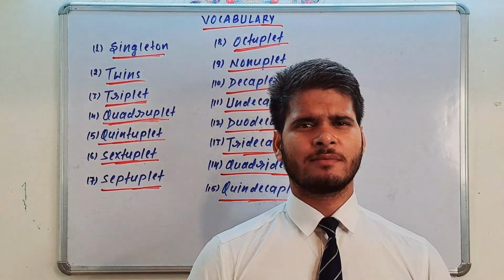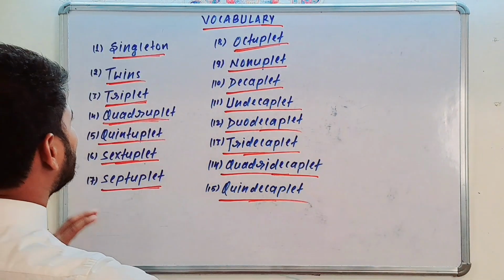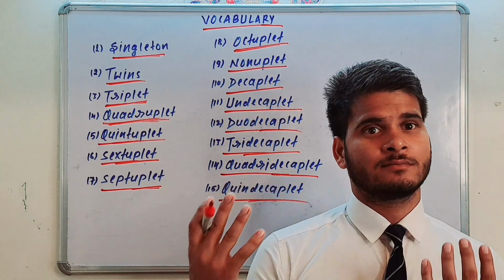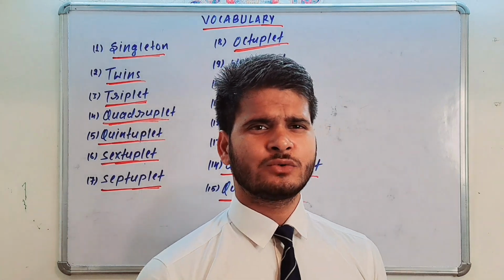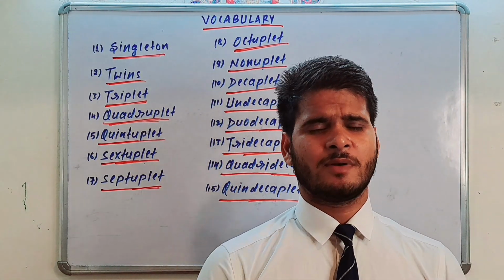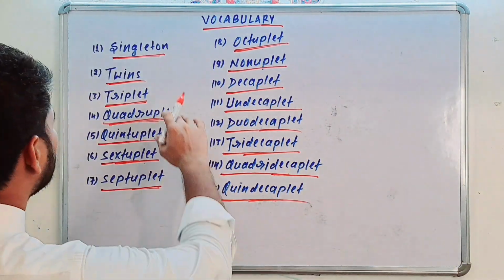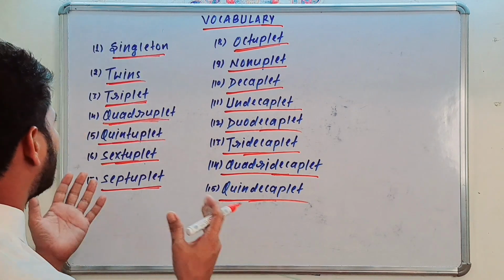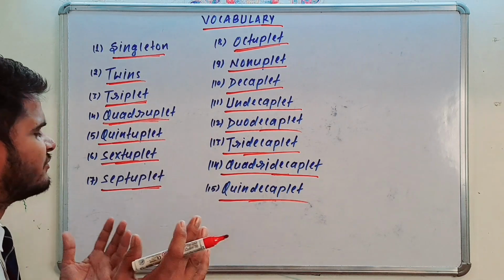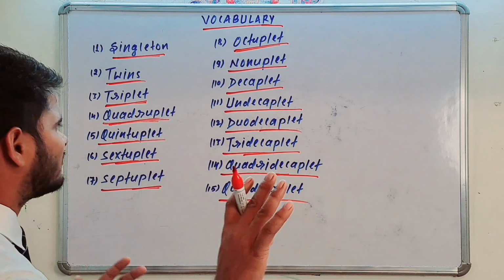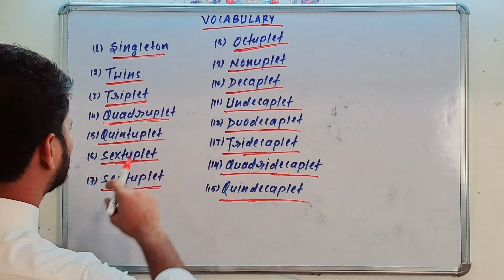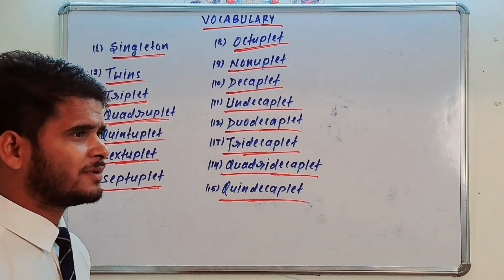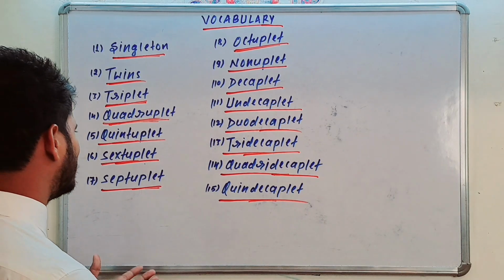These are the most important vocabularies related to offsprings, babies' names and the number of babies, when you have some number of babies at the same time, like two babies, three babies, like that. So what do we call them? Singleton is when you have one baby at a time, twins two babies, triplet three babies, quadruplet four babies, quintuplet five babies at a time. Sextuplet is related to six babies at the same time.